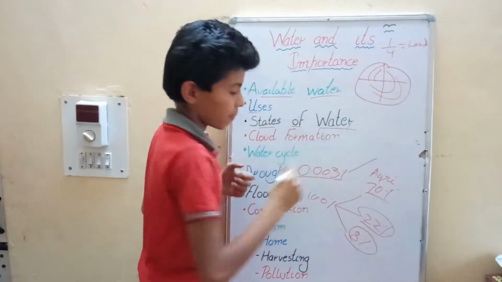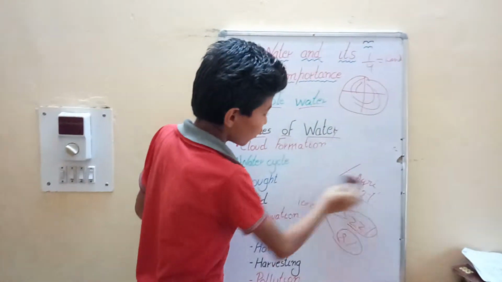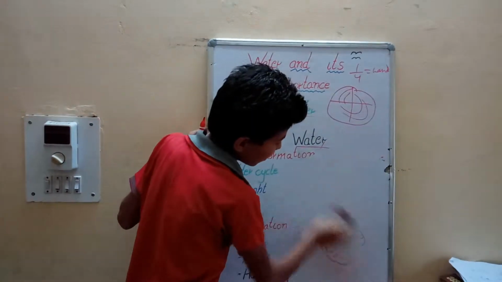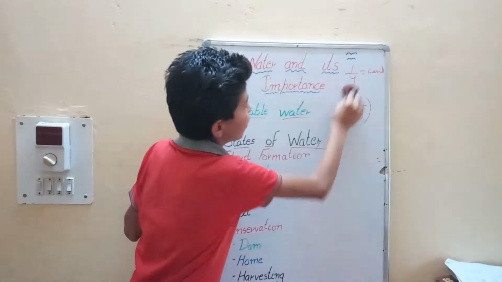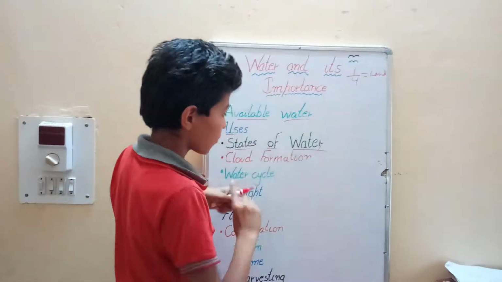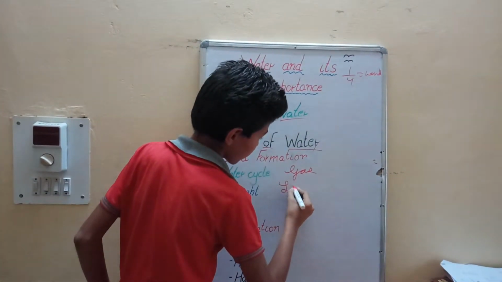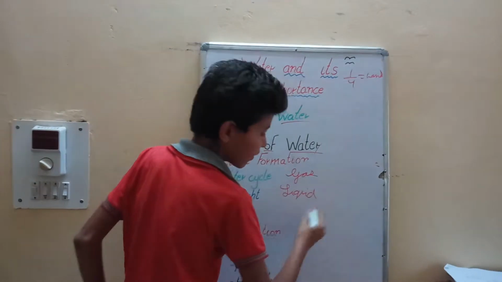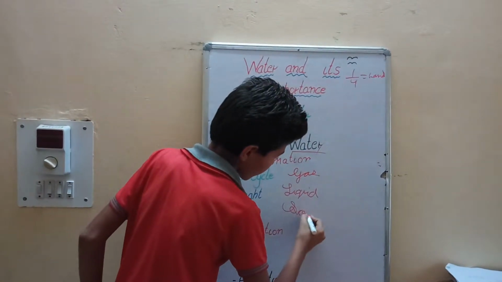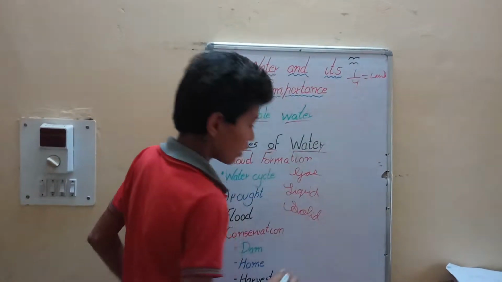States of water. Water is available in 3 types on the earth: gas, liquid, and solid.